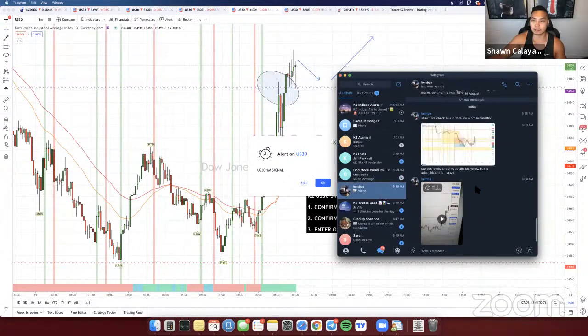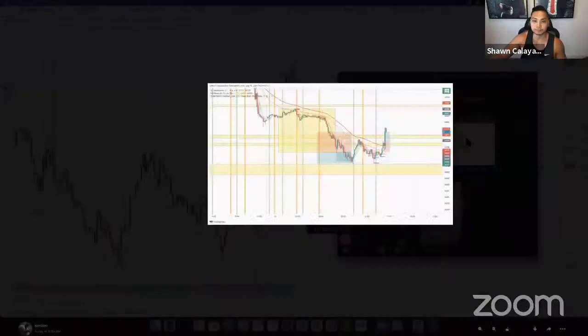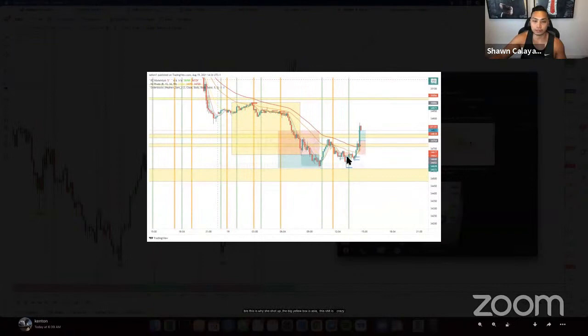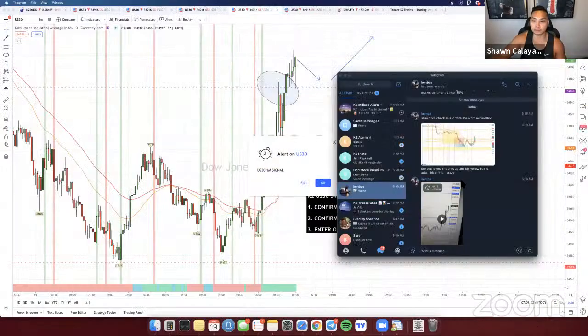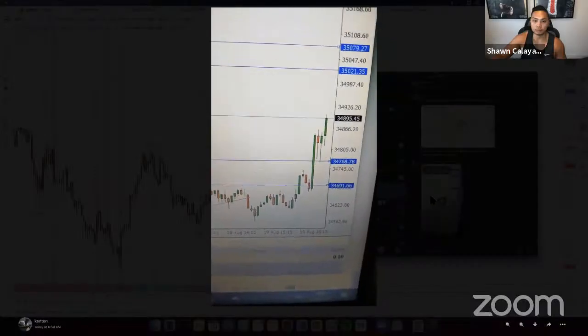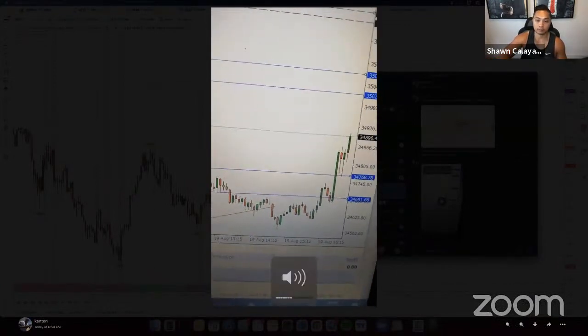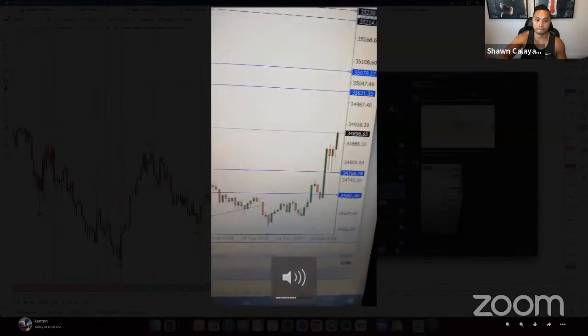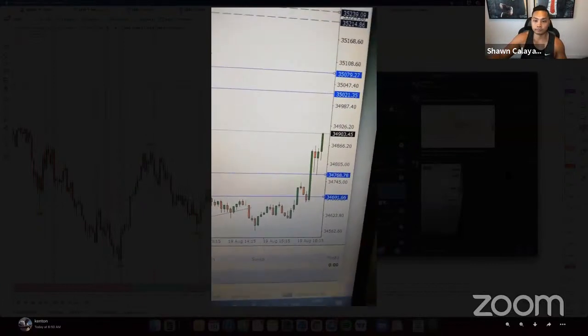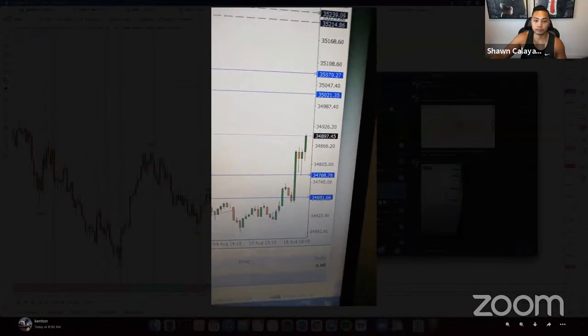Kenneth over here sent me this. He said, Shawn, bro, check Asia low, 25% again, manipulation. Oh yeah, for sure. I did see that. It came down and just spiked up. Kenneth sent his charts. That bottom blue line is my Asia low. That's the 5-minute candle.